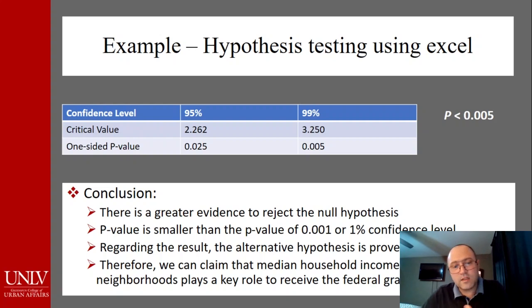And also we can conclude that the median household income plays a critical role in being eligible to receive the federal grant, and our null hypothesis is rejected here by using the t-test method of analysis.